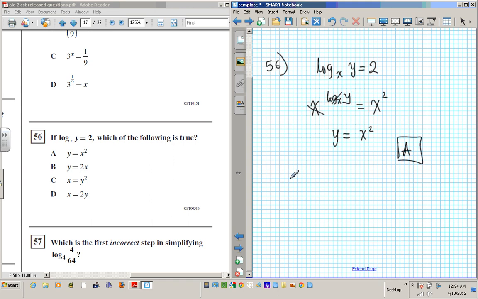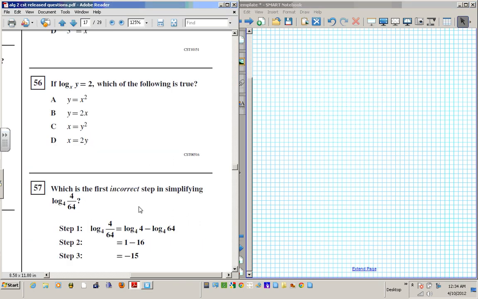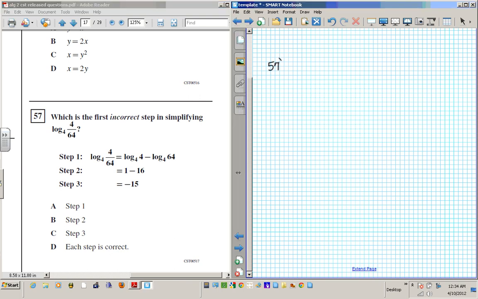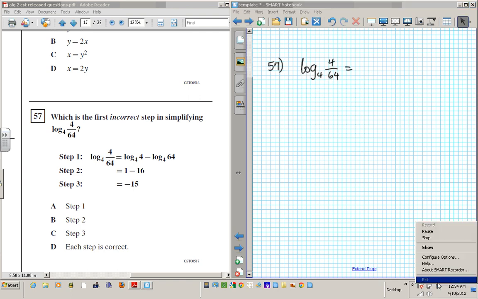Alright, let's take a look at question 57. Error analysis here, trying to find mistakes. So it says, which is the first incorrect step? Some questions ask for correct, some ask for incorrect. So this one says, what is the first incorrect step? So let's work out the problem and see where the mistake is. So if we have log base 4 over 64, since we're dividing, we're going to be subtracting the logs, right?